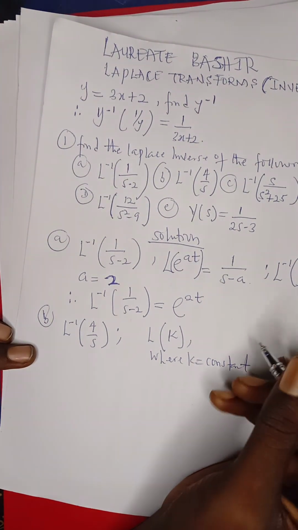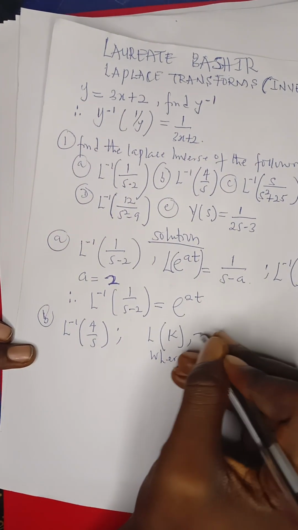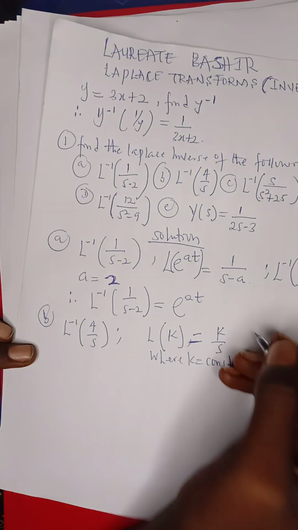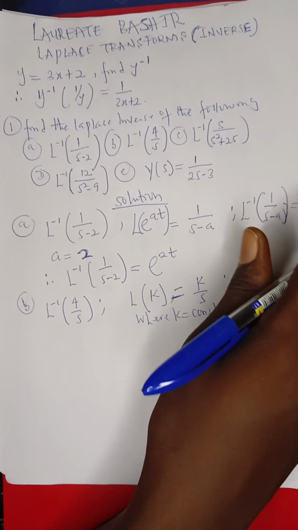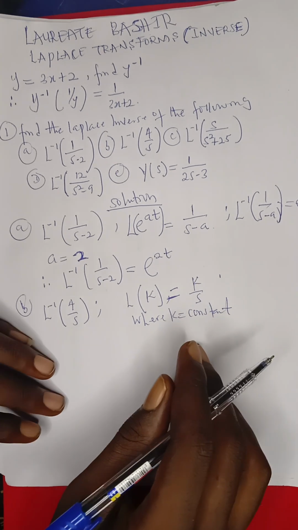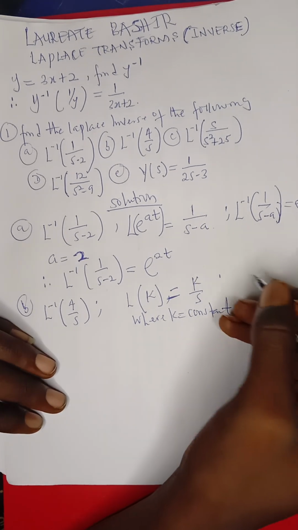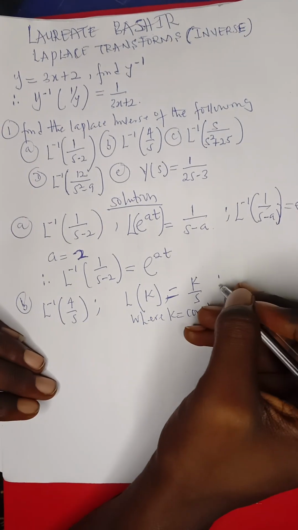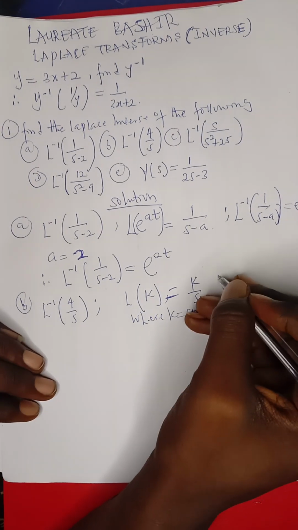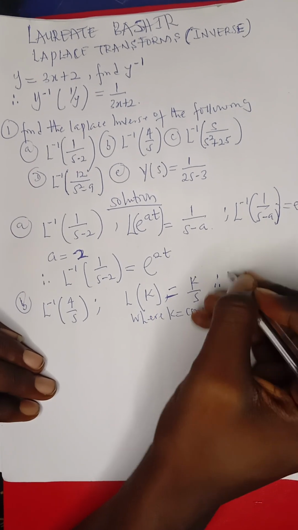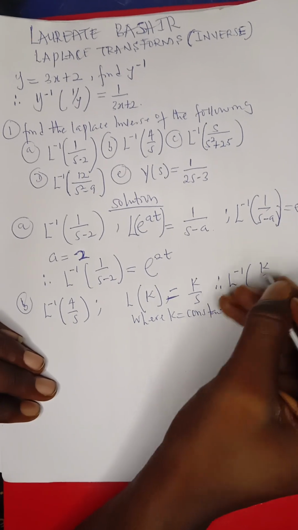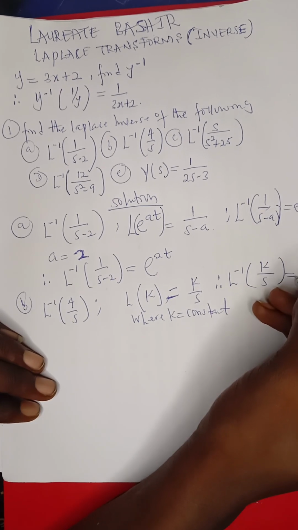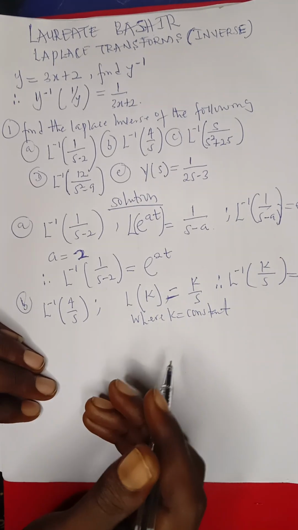So the Laplace of k is the same thing as k over s. Therefore, I can conclude that the Laplace inverse of k over s is equal to k.